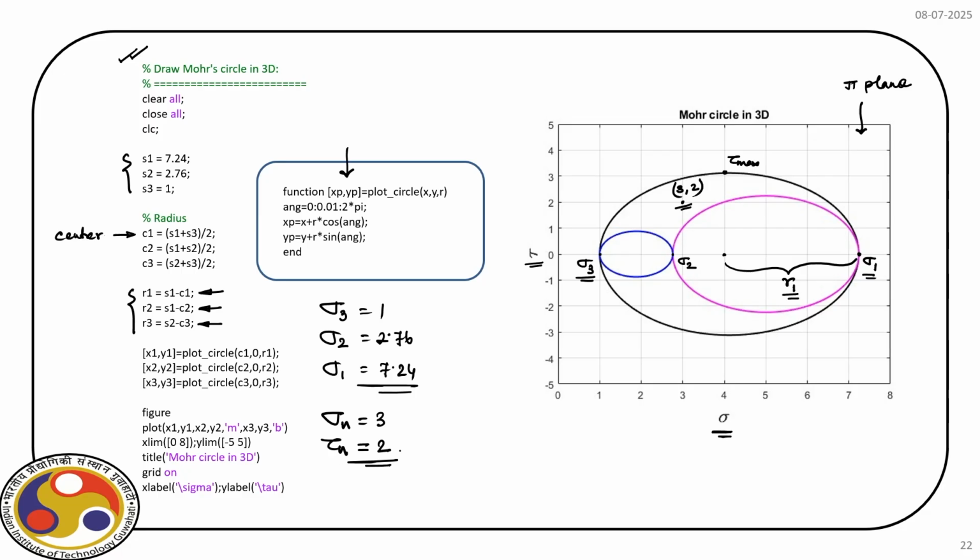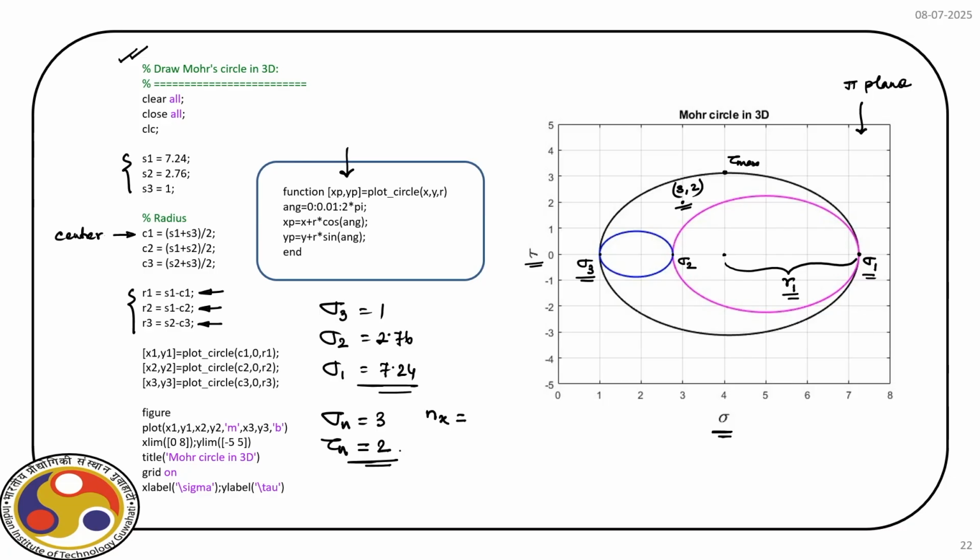Now, once we find this point in the pi plane, then we can find out nx, ny, nz, that is the orientation of that plane. If you recall, what is the expression of nx? In the last class we discussed.